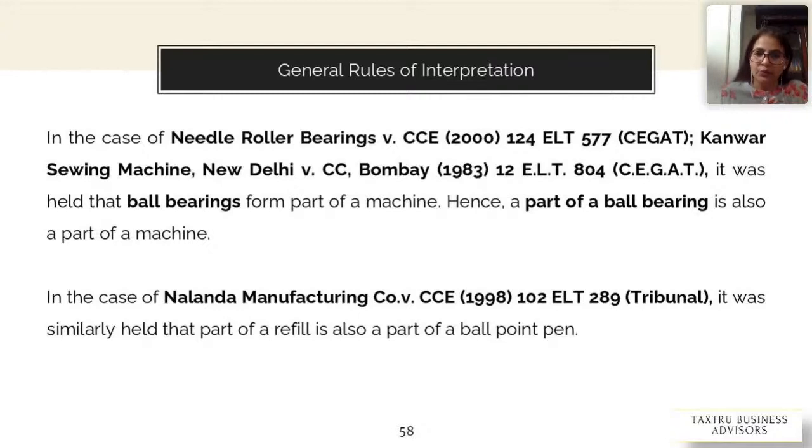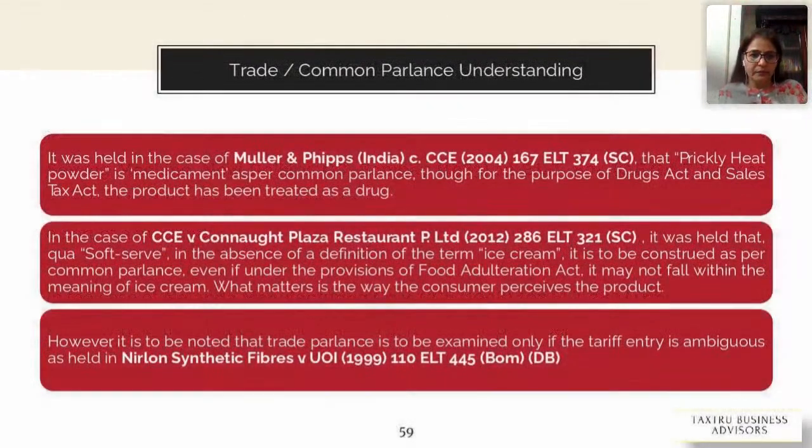In Nalanda Manufacturing, it was similarly held that a part of a refill is also a part of a ballpoint pen. When I'm comparing parts of a ball pen, a nib, a cap, the outer body, and I'm bifurcating it into parts, the refill is also held to be a part, or even the nib point is held to be a part only. So this is the way we have to compare them.